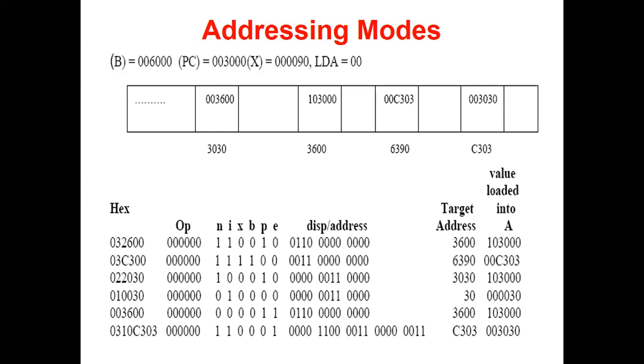Someone is asking, what do you load then? We said that what we are loading after calculating the target address is obtained from bits N and I. So in this case, I think N is 0, I is 1.